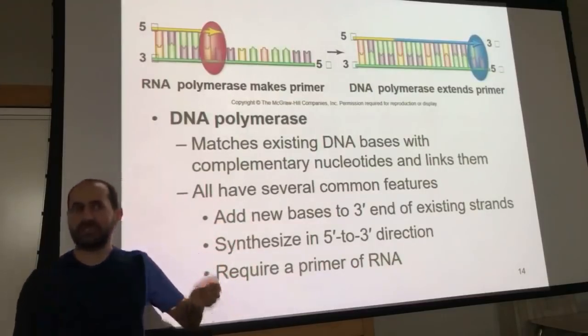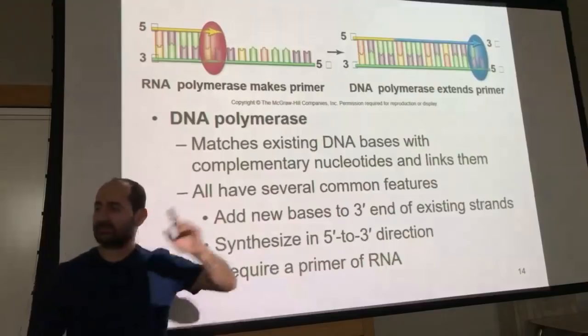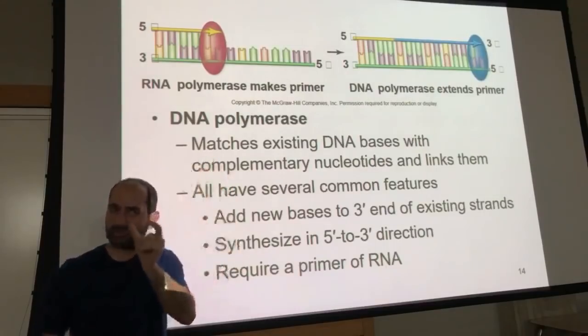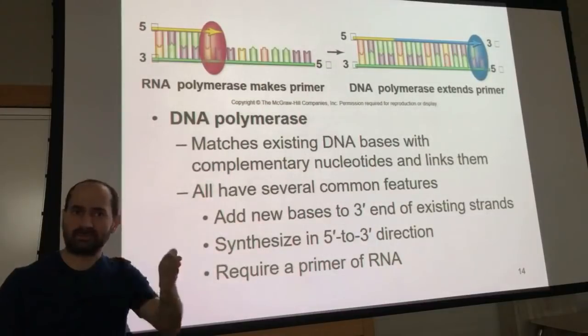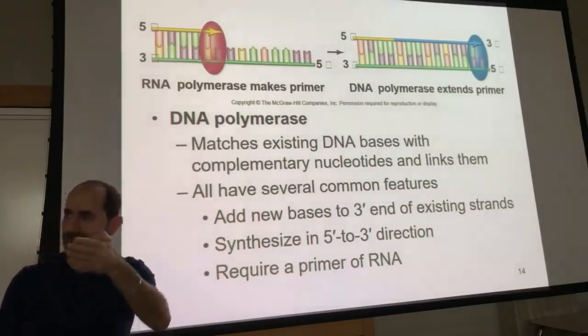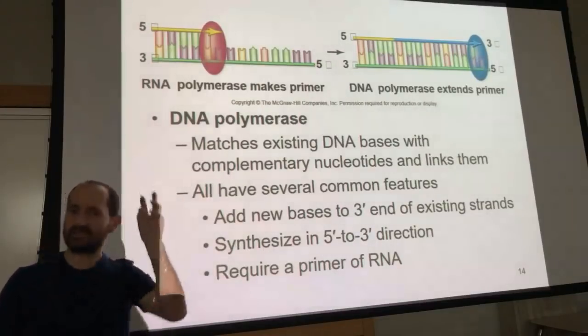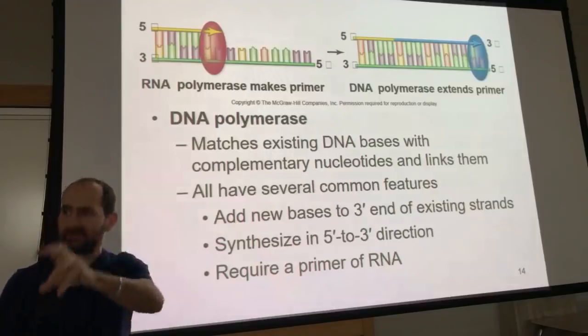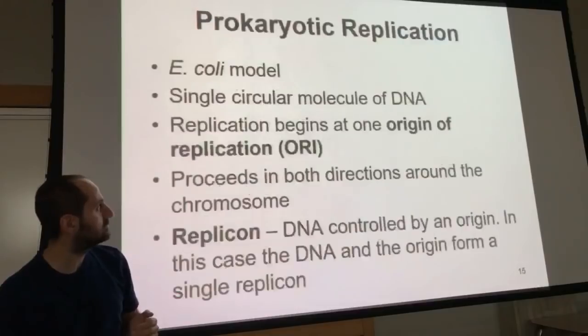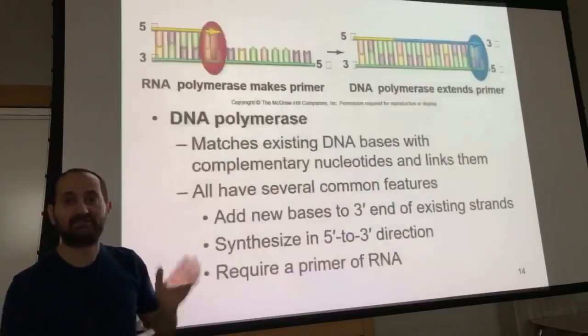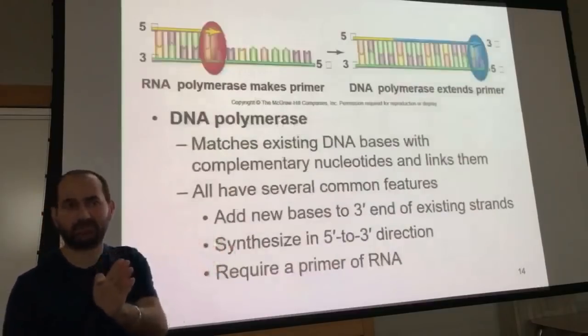So the first thing you have to do is put down a primer. The primer is the short stretch of RNA, and primase, or RNA polymerase, is the enzyme that puts down the primer. Then it detaches, and what attaches? DNA polymerase III to carry on the rest of the copy. Good, and that all is happening in a 5' to 3' direction, remember?